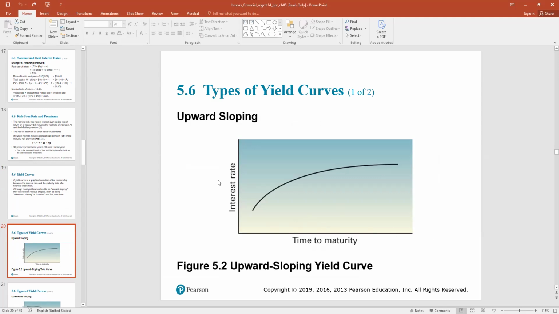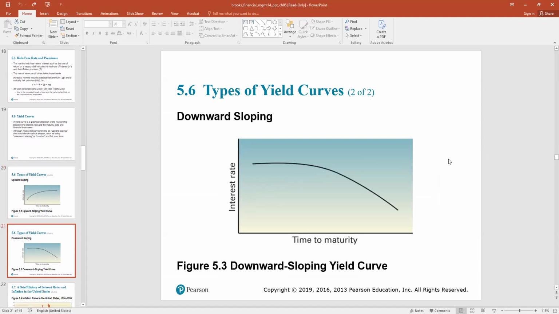When banks give a loan and the maturity increases, they charge more interest. If you compare a 7-year loan and a 1-year loan, the 7-year loan has got higher interest than the 1-year loan. That's called the upward sloping yield curve.